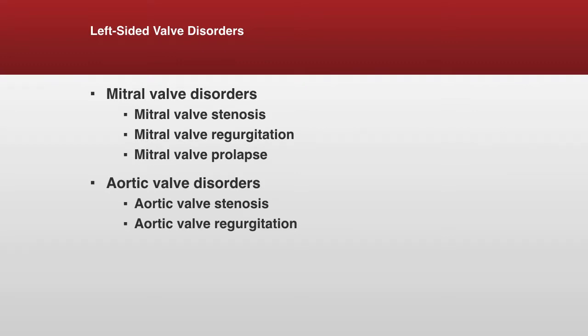However, if it's fairly large, then you will hear a murmur with the prolapse and the regurgitation. With the aortic valve disorders on that side, you would have aortic valve stenosis or aortic valve regurgitation.